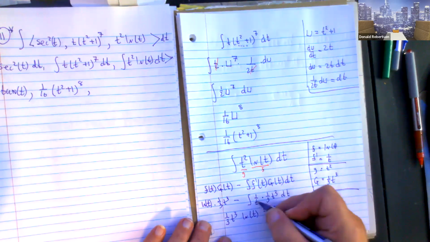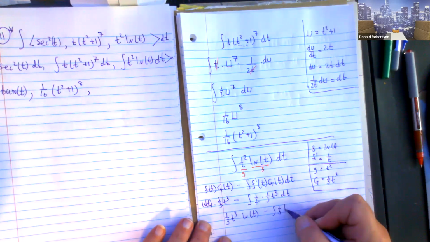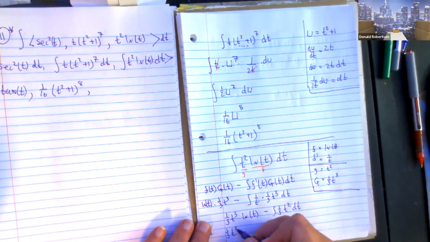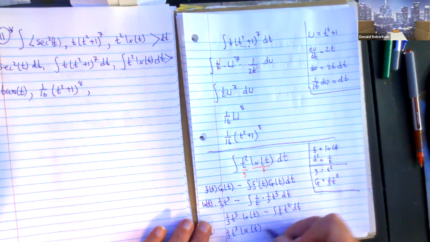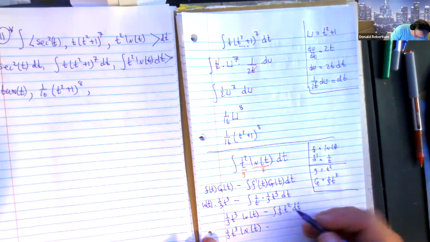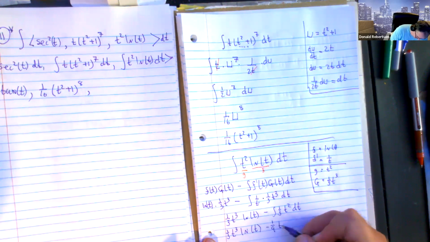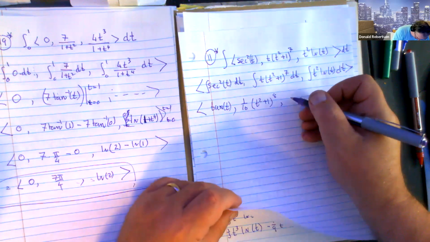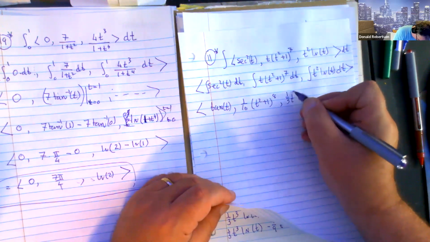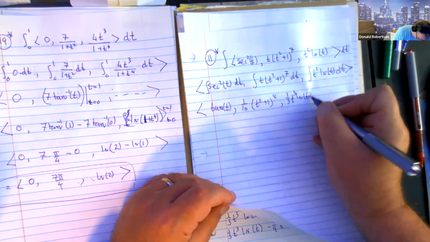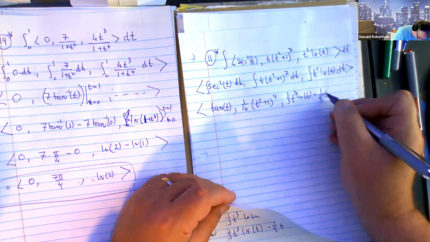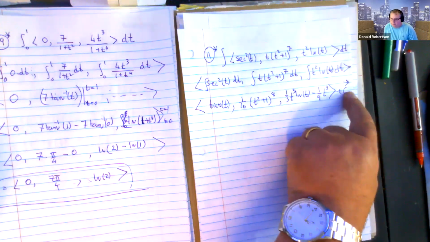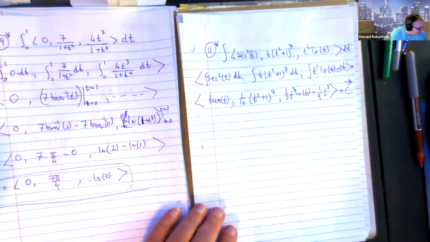If you cancel, you get 1/3 t squared. Add 1 to the power and divide by the new power. Get that. And there we are. This piece here is 1/3 t cubed, natural log of t, take away 1/9 t cubed, plus a c, but Webwork assigns the c, so you don't need it.